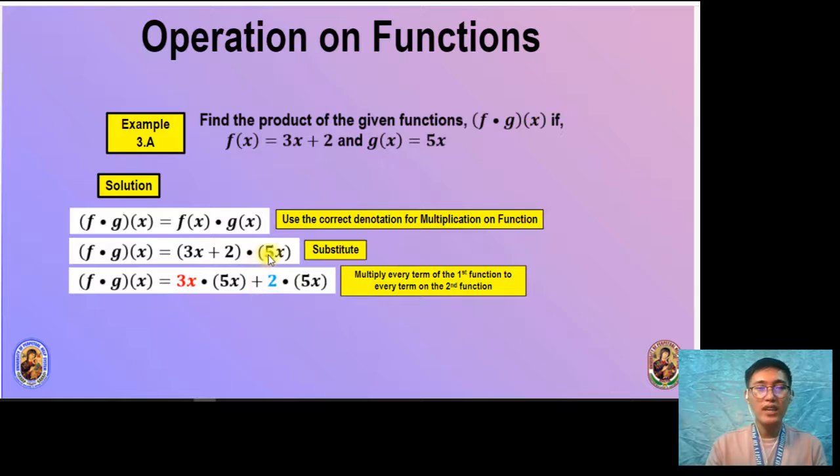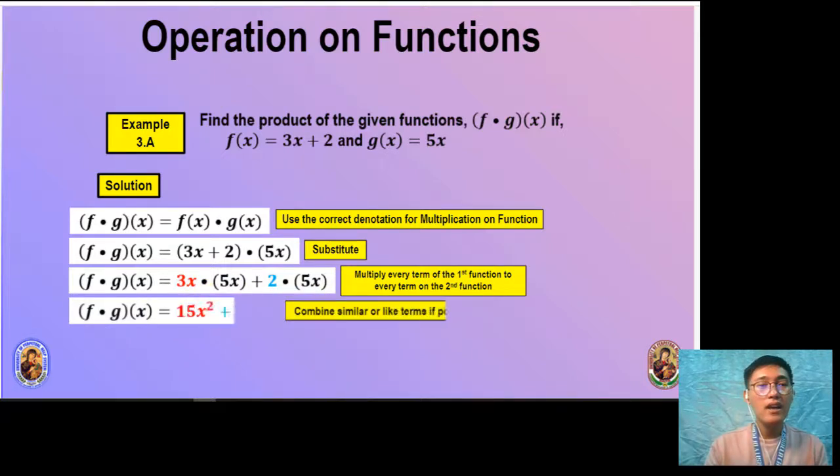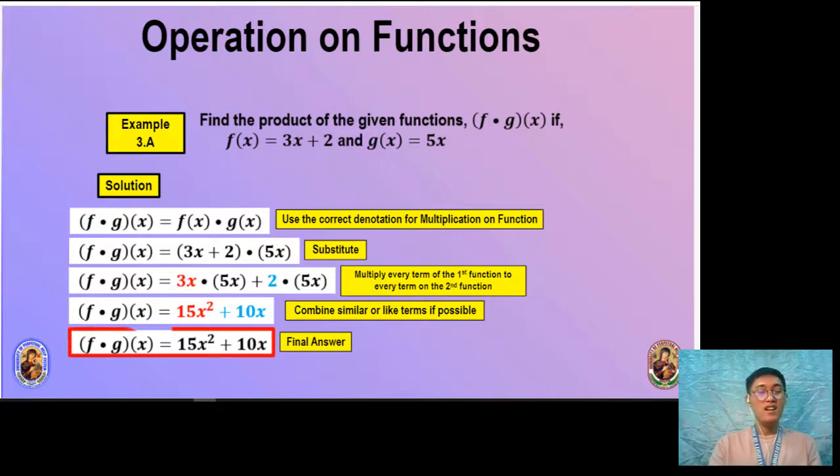What we distribute here is the term 5x. 3x times 5x plus 2 times 5x, and we will get 15x squared plus 10x, because 3x times 5x is 5 times 3, 15, and x times x is x squared. So we have 15x squared, and 2 times 5x is 10x. Alright, that would be our final answer, 15x squared plus 10x.